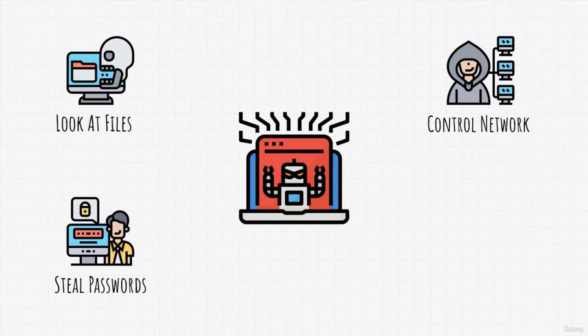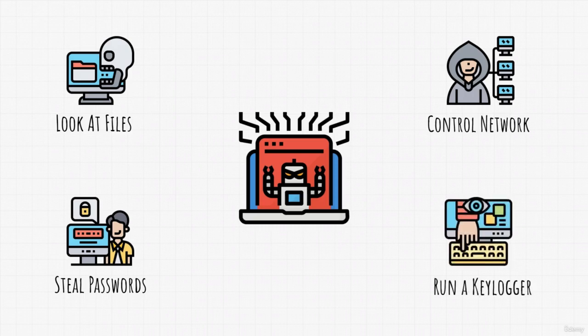Maybe we would also want to run a keylogger on the machine we got access to. Now, a keylogger is a program that captures every keyboard input from that machine.